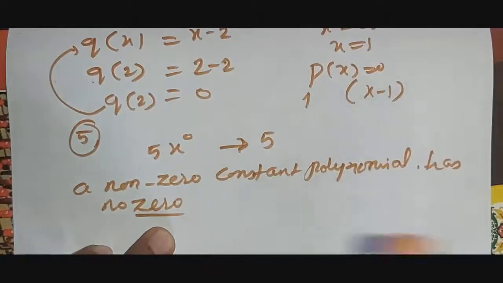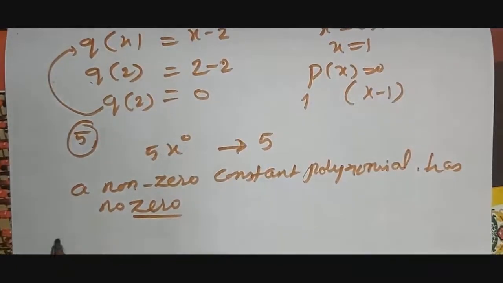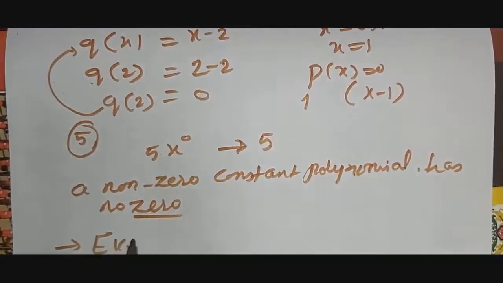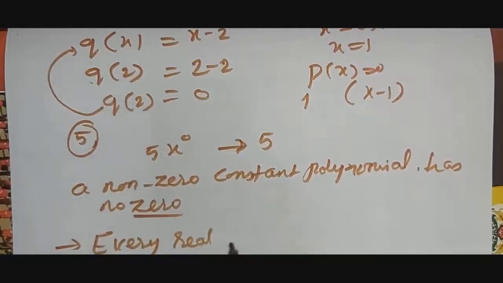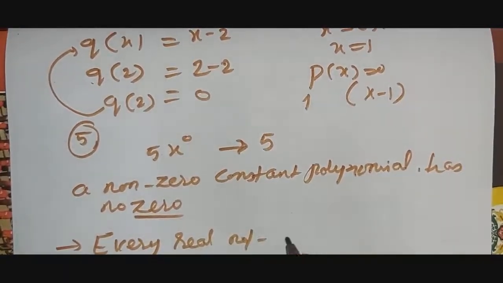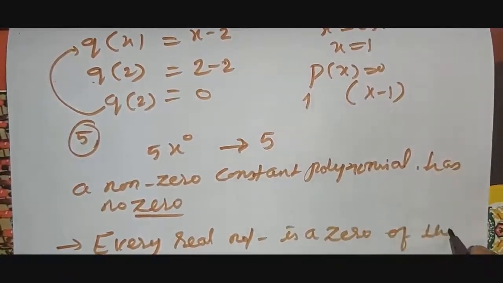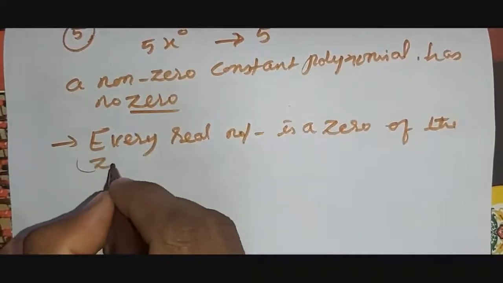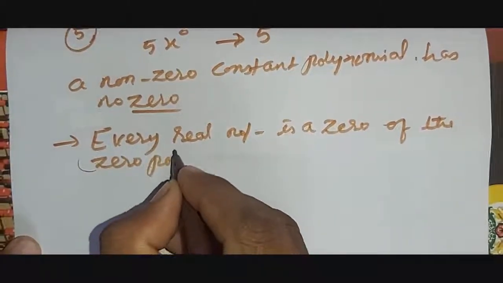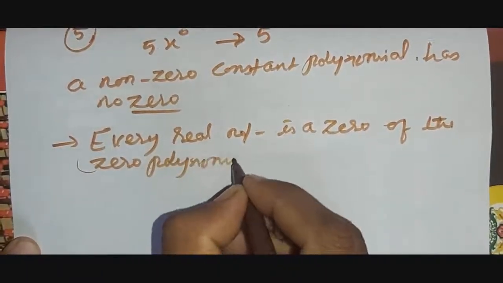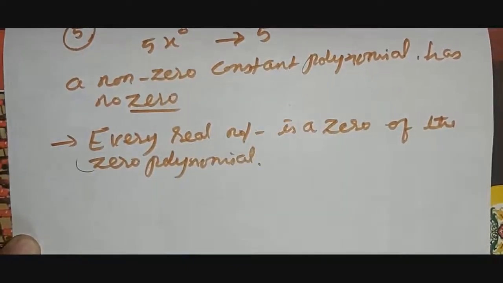By convention, every real number is a 0 of the 0 polynomial.